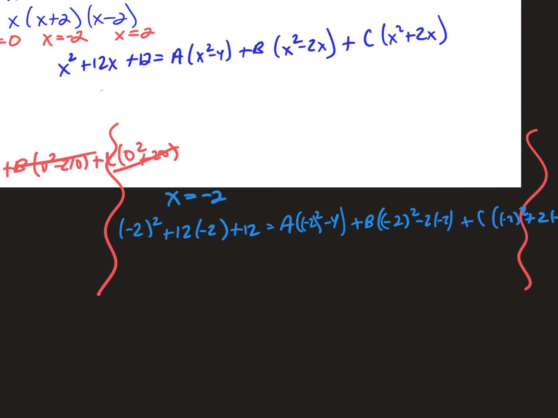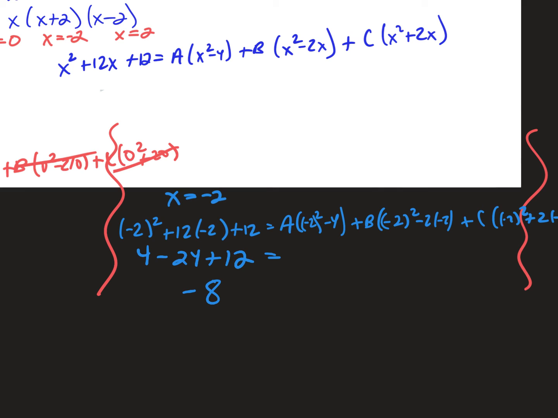So on the left-hand side here, negative 2 squared is 4, right? 12 times negative 2 is minus 24 plus 12. So 4 minus 24 is negative 20 plus 12 is negative 8.